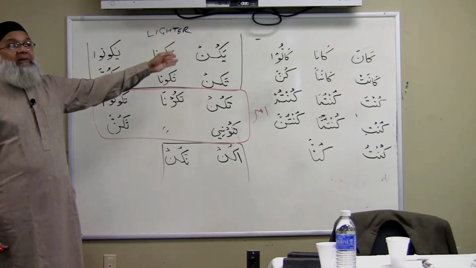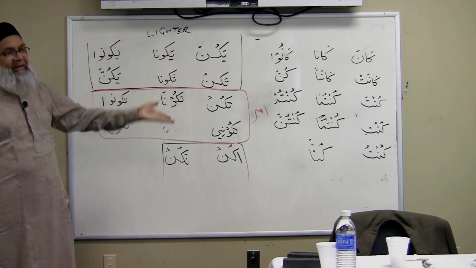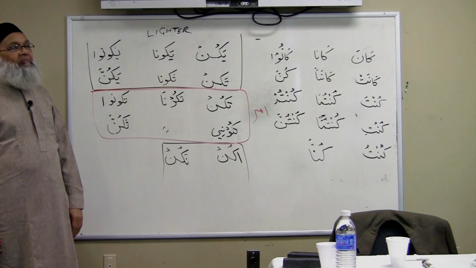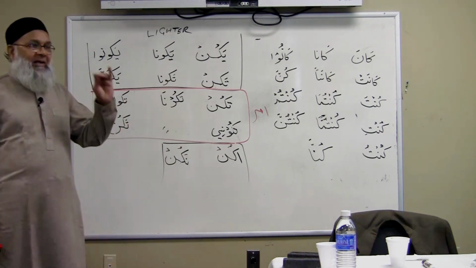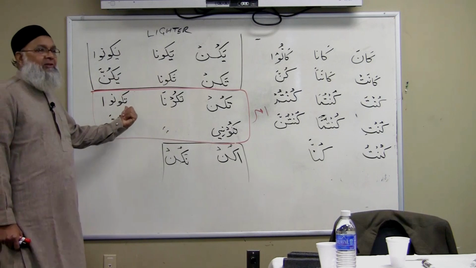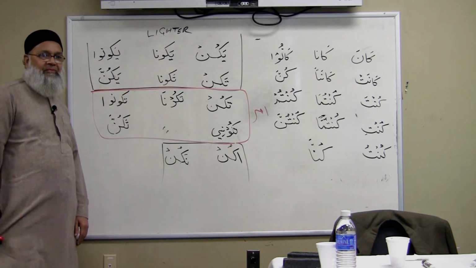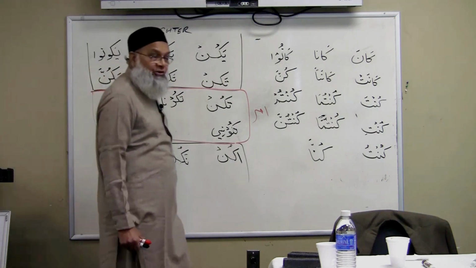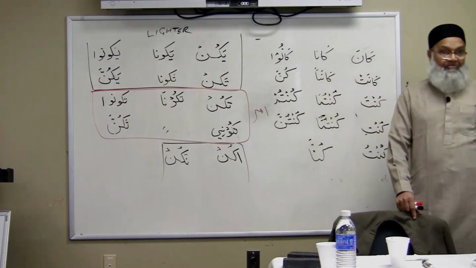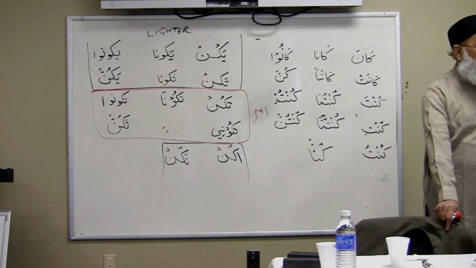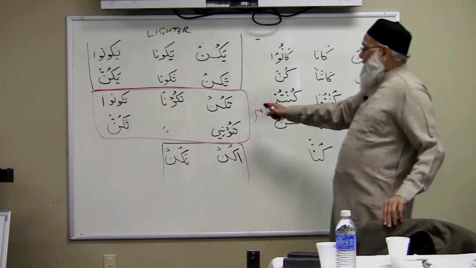In principle, there should have been the lighter form, but there we find the heaviest form being used, having the meaning of the lighter, but to emphasize, the noon with tashdid is at the end. So, wala takunanna minal mushrikeen, wala takunanna minaz zalimin. Never ever, talking to the singular.